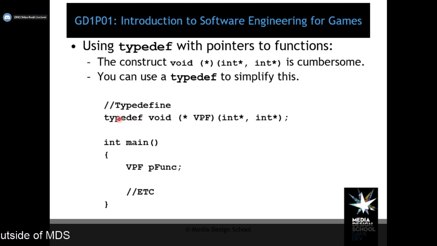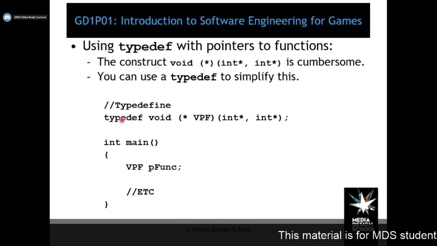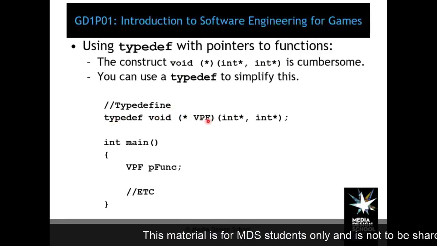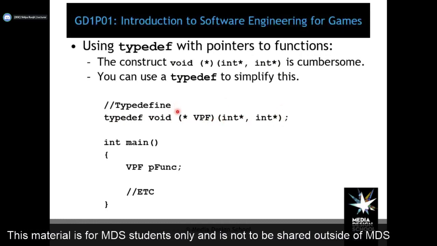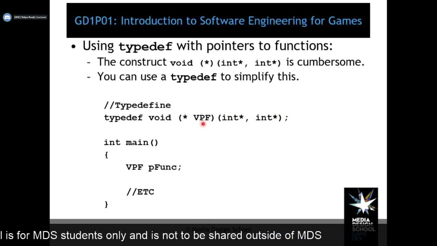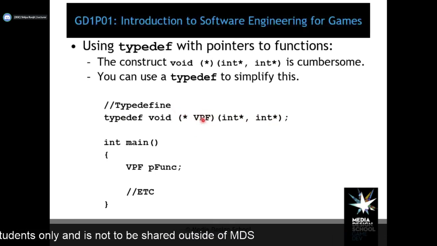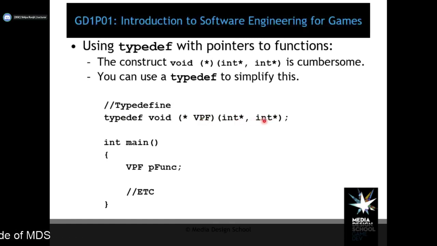A typedef looks similar to a function pointer, but is actually not a function pointer. So when you say typedef void asterisk VPF, what it means is it is giving a typedef name called VPF to a function pointer that can point to a function that takes two integer pointers and returns void.